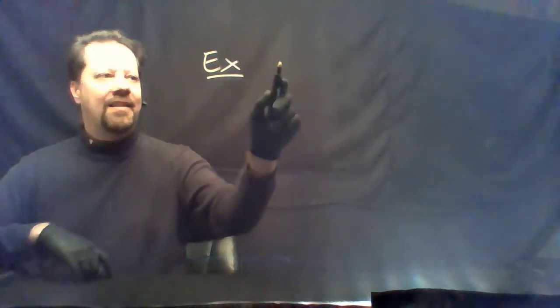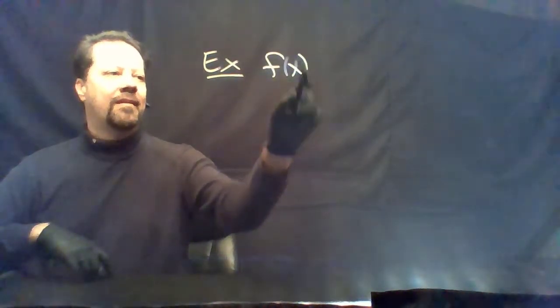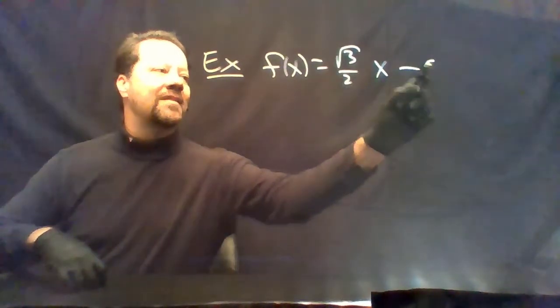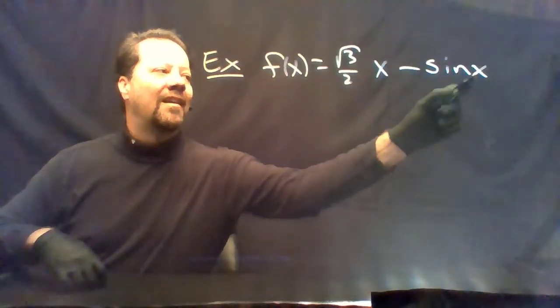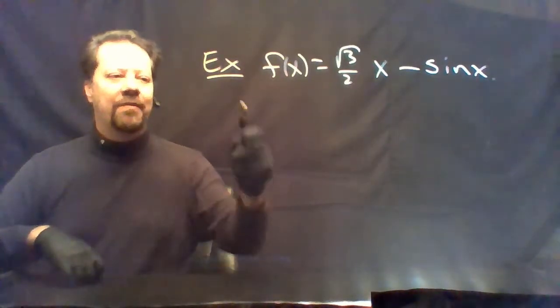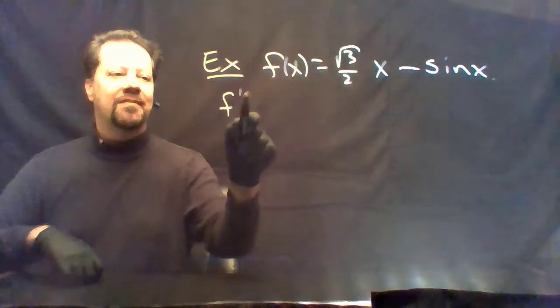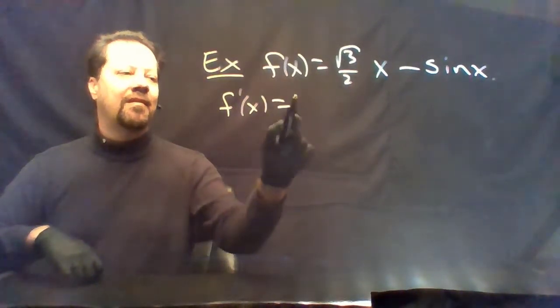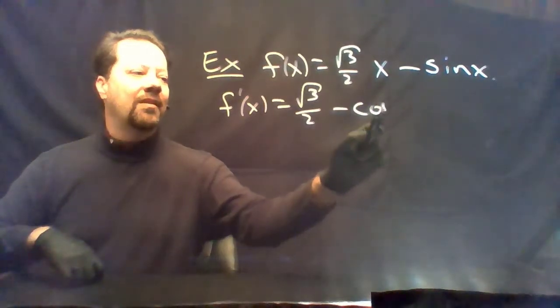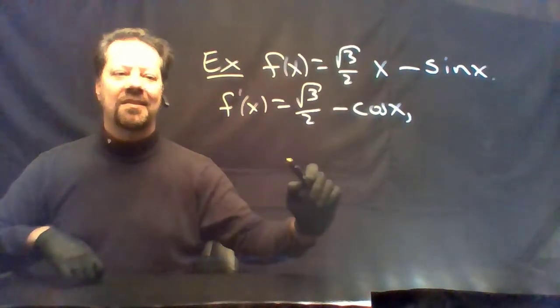Let's classify the relative extrema. Root 3 over 2 x minus sine x. First, we find the critical points. Root 3 over 2 minus cosine x.